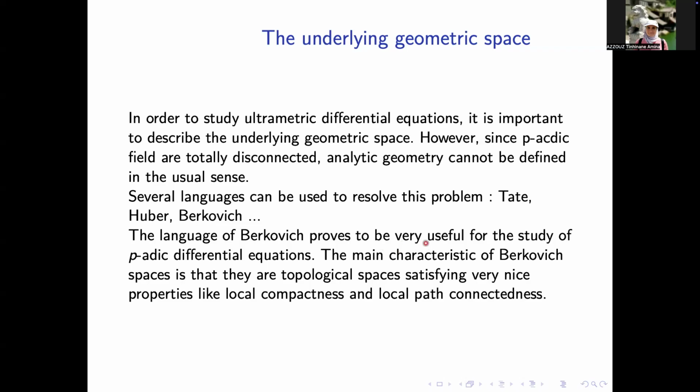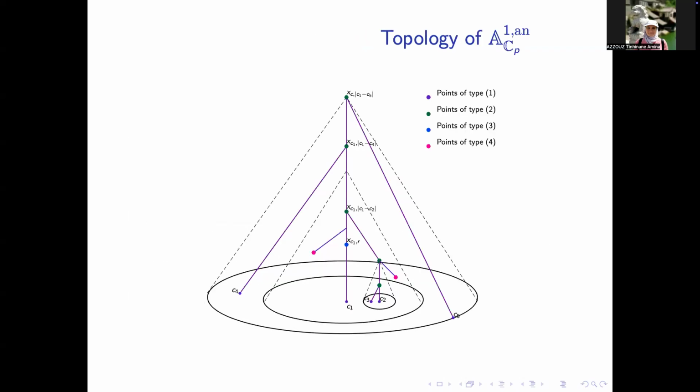Let's give a picture of what such a space looks like. We have all the points that belong to C_p, which we will say are points of type 1. For the moment I will give this definition, which is easier in some sense, and later I will explain more where these points come from.